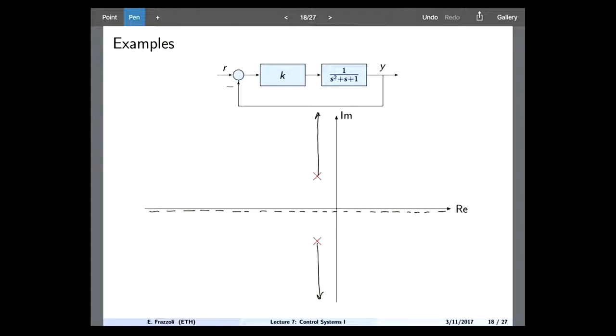For negative values of k, actually what they will do is they will approach the real axis, meet somewhere here, and then one will go in this direction. So k goes to negative infinity, k goes to negative infinity, this is k goes to plus infinity, and this also k goes to plus infinity.